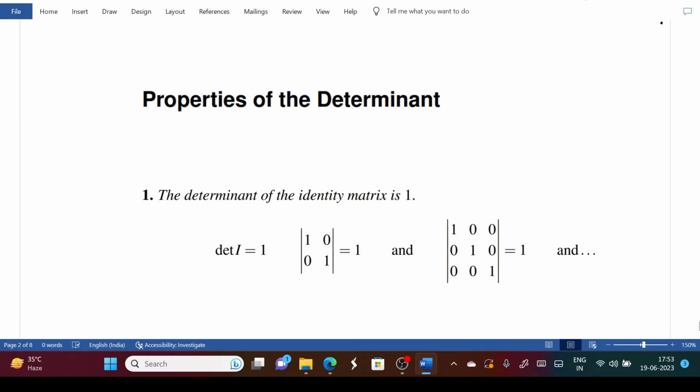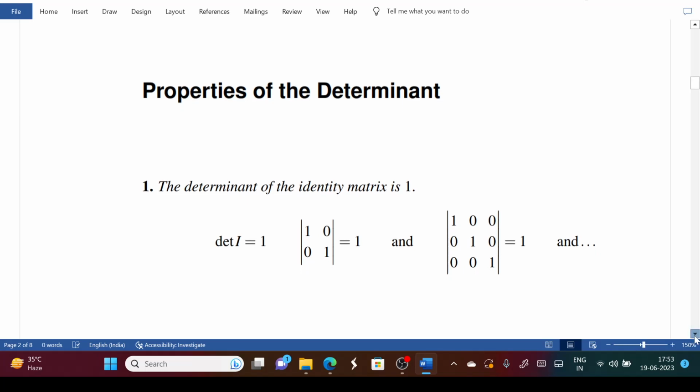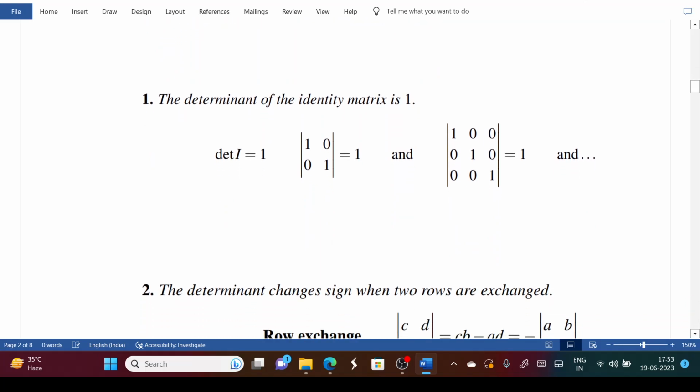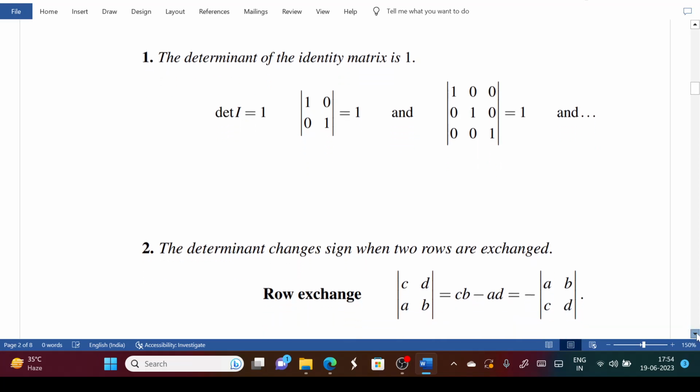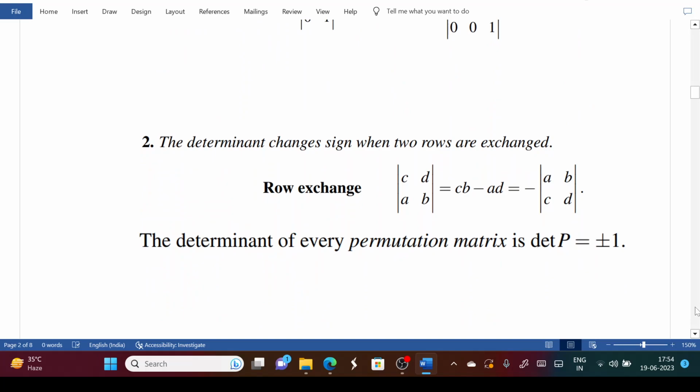Now let us discuss some of the properties of the determinant. The identity matrix has determinant 1, because for a diagonal matrix, the product of the diagonal elements gives us the determinant. Here the diagonal elements are 1, 1, 1, and multiplied with each other they give us 1. The determinant changes sign when two rows are interchanged.